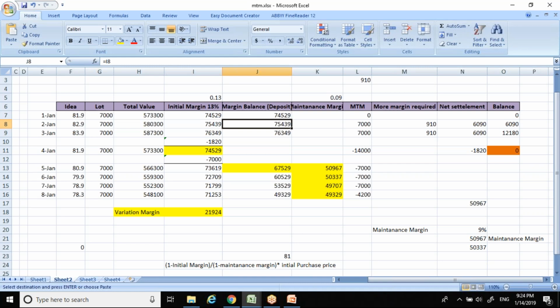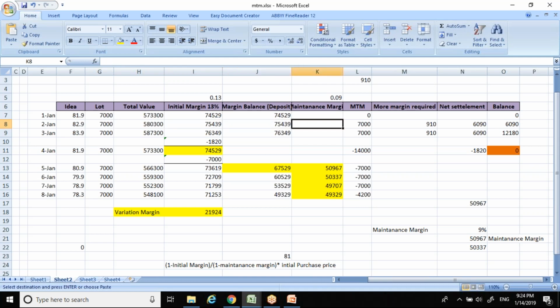So a new buyer must pay 75,439, but the old buyers, who purchased yesterday, don't have to pay 75,000 again. Yes, they have to pay the increased amount, which here is around 910 rupees, and you have to pay that on a daily basis.